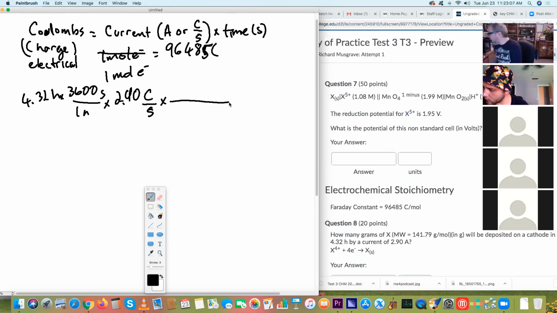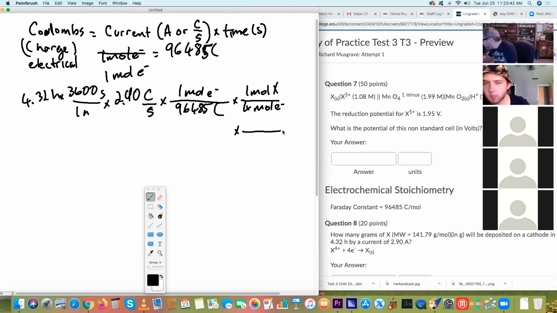Then we can figure out how many moles of electrons that is, because 1 mole of electrons is 96485 coulombs, and that goes on the bottom to cancel the coulombs. And then we also have here the reaction, which tells us that 4 moles of electrons produces 1 mole of X solid.